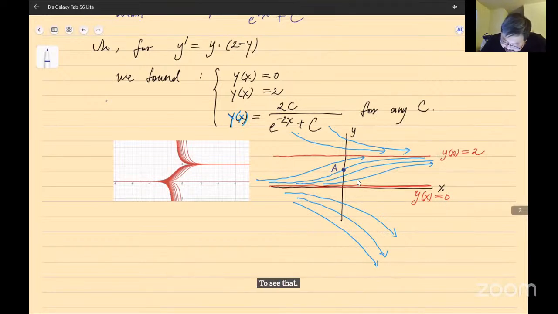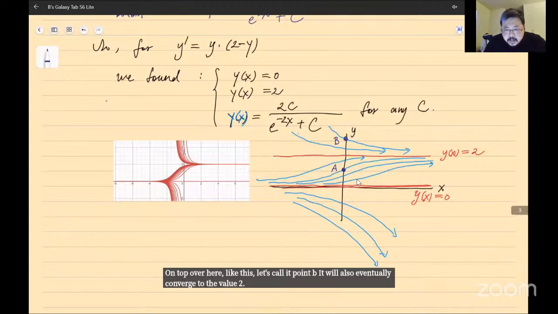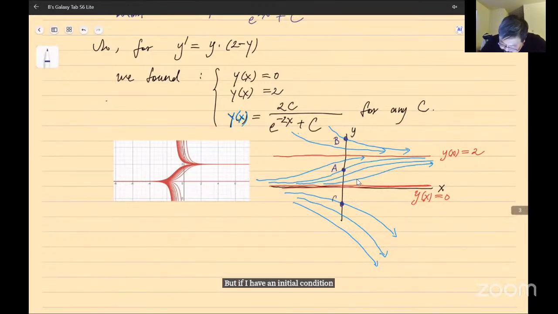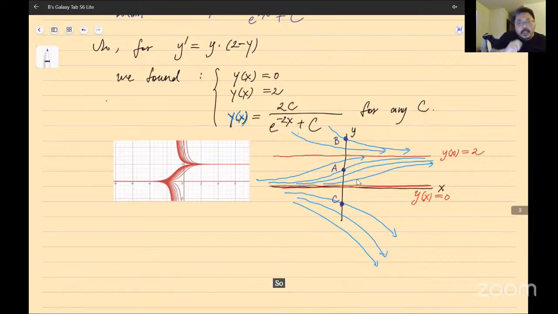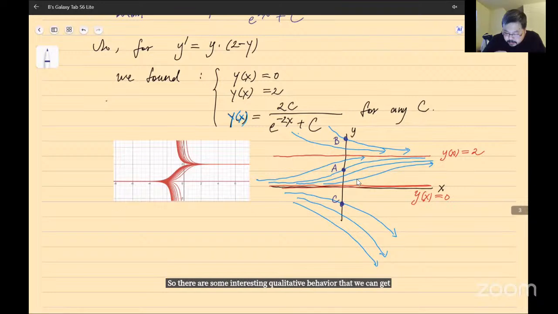If I have an initial condition that starts on top, over here, let's call it point B, it will also eventually converge to the value 2. But if I have an initial condition down here, say point C, then eventually it's going to go down like that. So there is some interesting qualitative behavior that we can get just by looking at these plots of all these solutions.